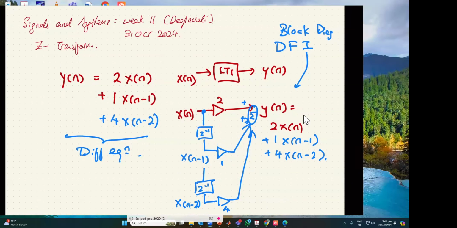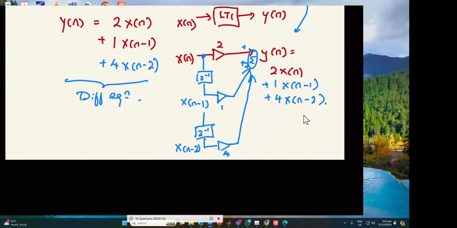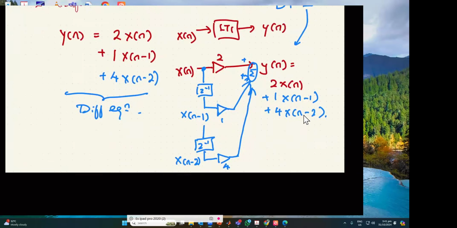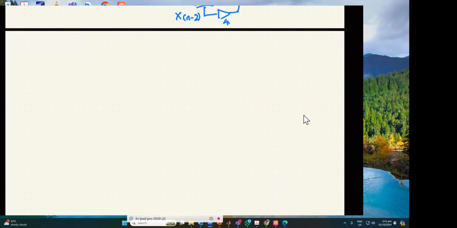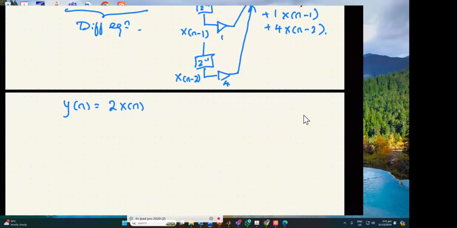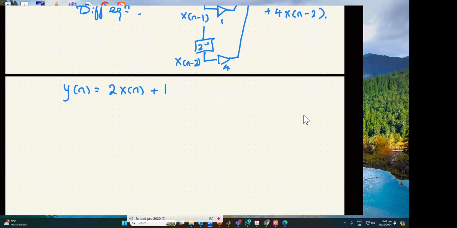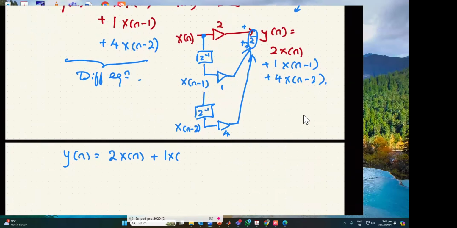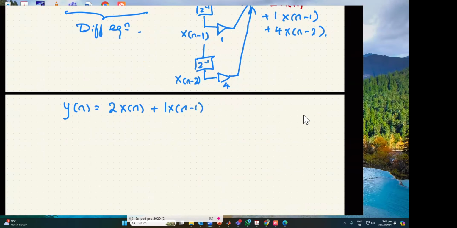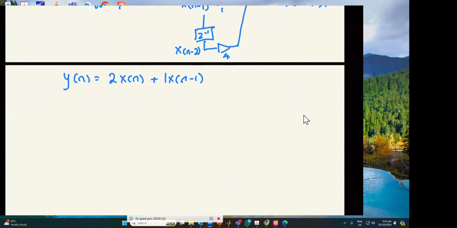So I'm going to draw for you a brute force approach, and let's try y of n equals 2 x of n plus 1 x of n minus 1 plus 4 x of n minus 2.